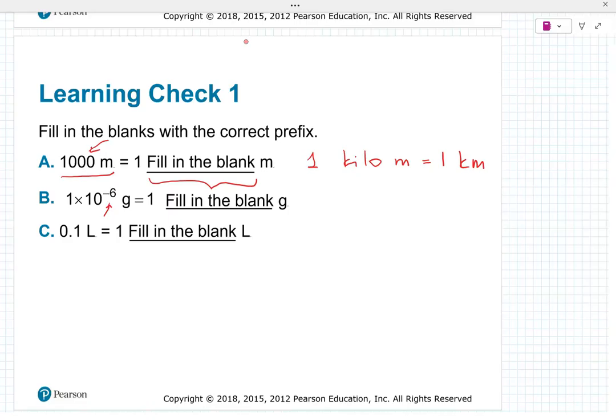By how much do we decrease a gram? A million times, right? 10 to the power of -6 means it's 1,000,000 times less than a gram. Do you follow? What prefix do we use for 1,000,000 times, but this time less? Micro. Okay?